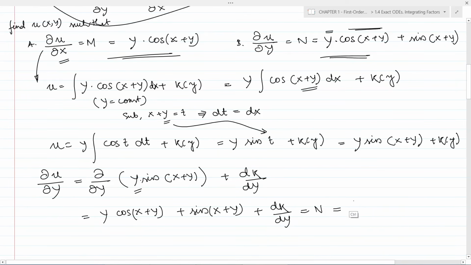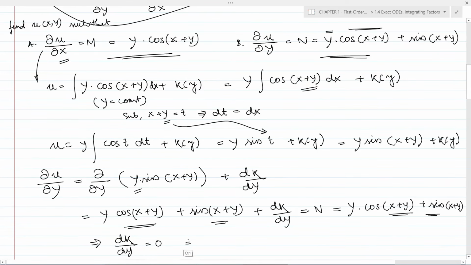So, the value of N is y cos(x+y) plus sin(x+y). We can see that these two terms are the same on the left and right hand side, which implies dk by dy equal to 0, which implies k equal to a constant.